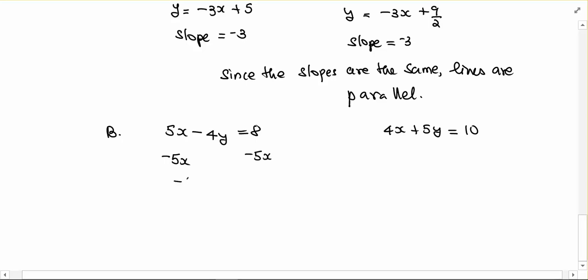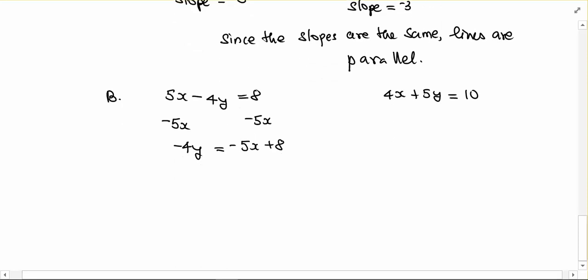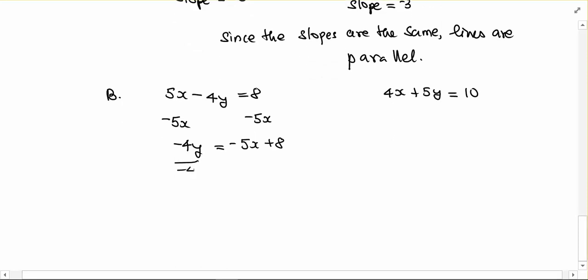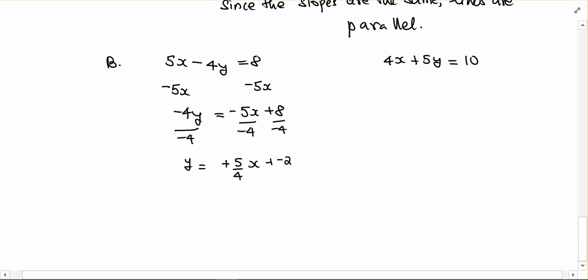So I have minus 4y equals minus 5x plus 8, and dividing through by negative 4, I get y equals positive 5/4 x plus negative 2. So I got the slope-intercept form. So I can say the slope is equal to 5/4.